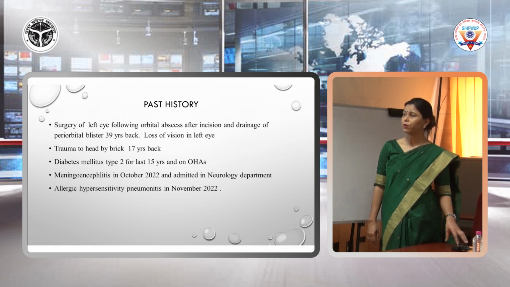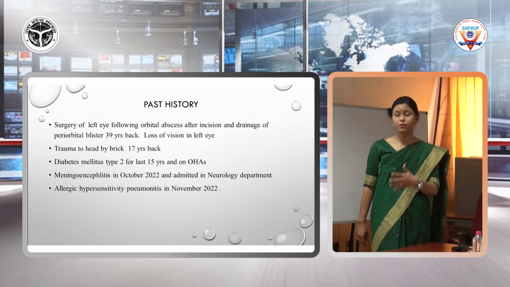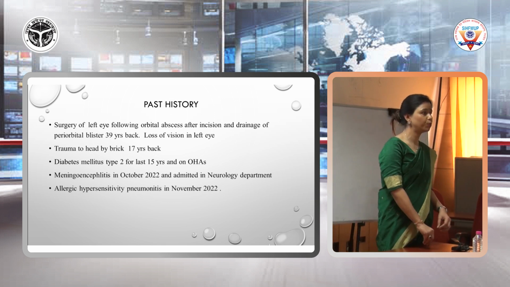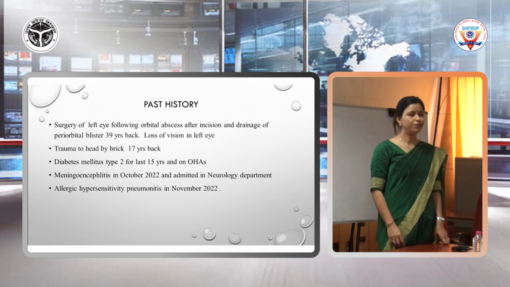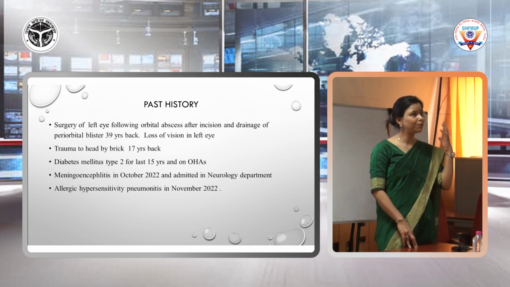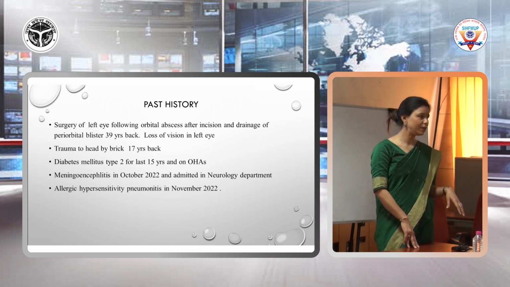He suffered meningoencephalitis in October 2022 and was admitted in neurology. He was going from pillar to post with his son for beta 2 transferrin. I sent him to Ranbaxy, then to some other pathology lab, then to SGPGI, but he simply could not get beta 2 transferrin done.